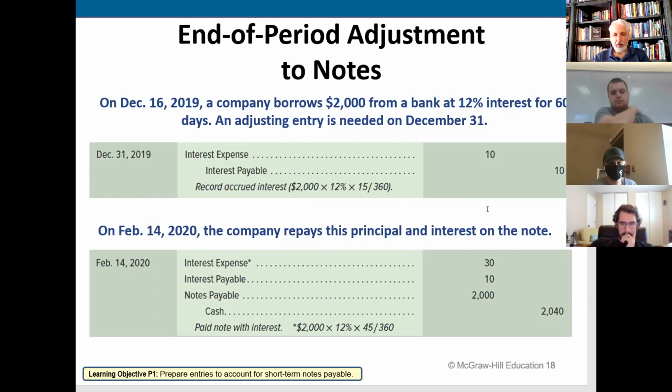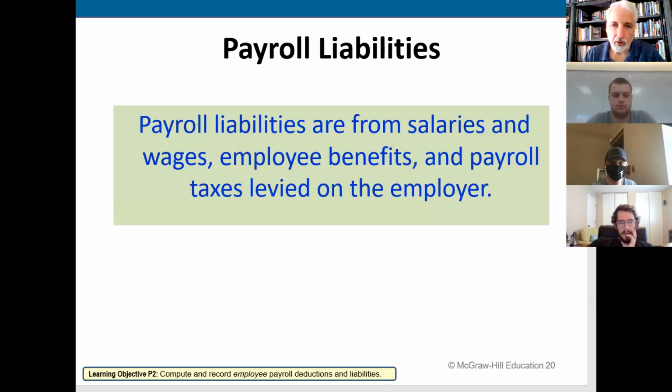All right, the next class, I'm going to spend some time talking about payroll. And I'm going to introduce some of the payroll concepts now, so they're not totally unfamiliar, but I want to get a base of knowledge to share. So we're going to talk payroll liabilities for salaries and wages, employee benefits, and payroll taxes.